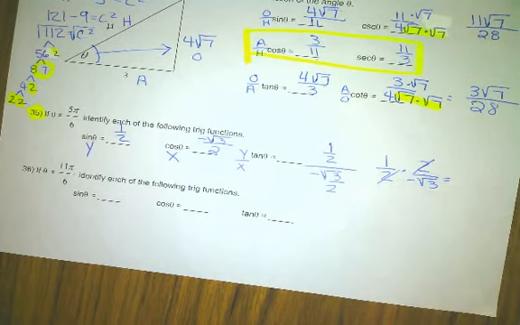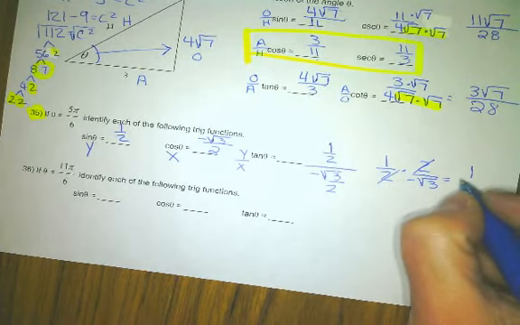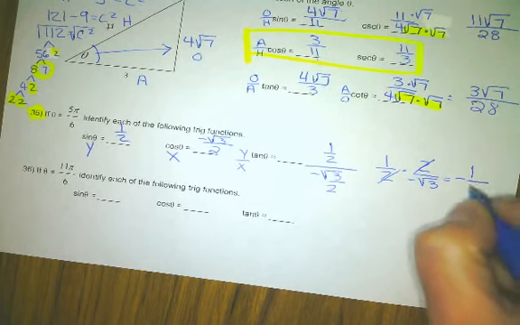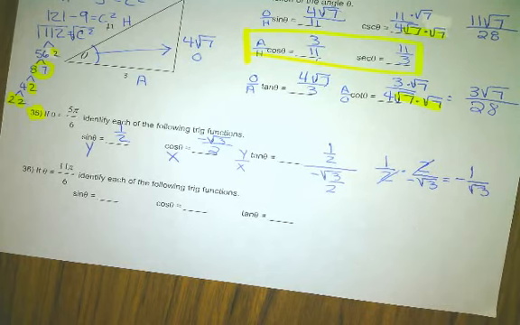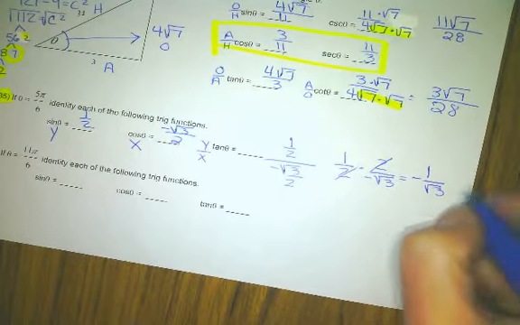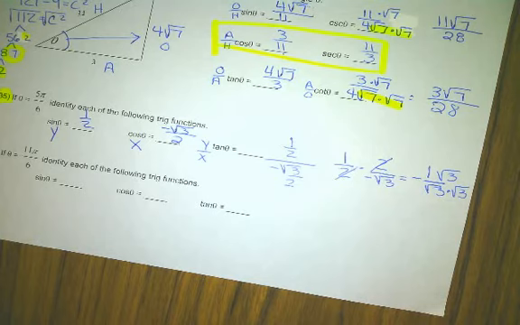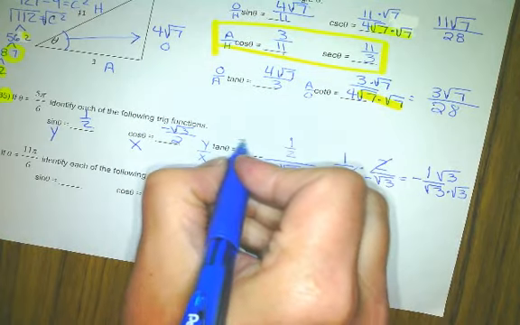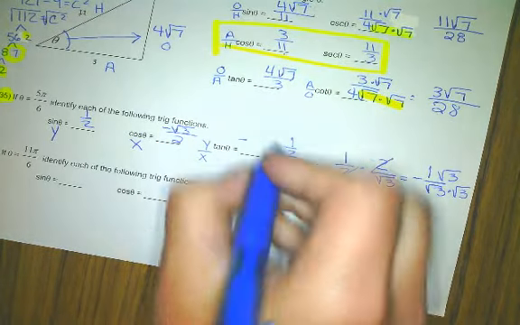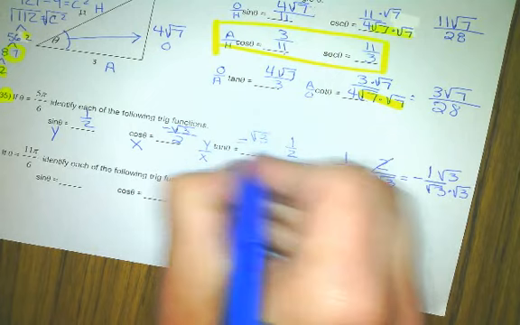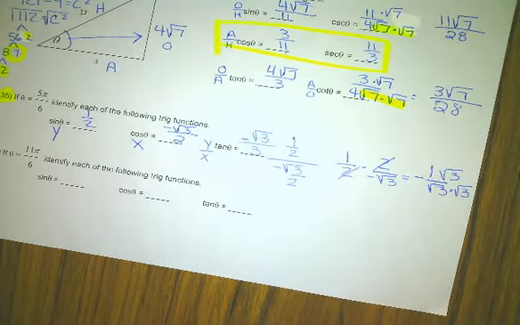I notice I can cross those out, so that leaves me with negative 1 over the square root of 3. And again, I need to make sure that I rationalize that. So I multiply by the square root of 3 on the top and the bottom. My final answer is negative square root of 3 over 3.